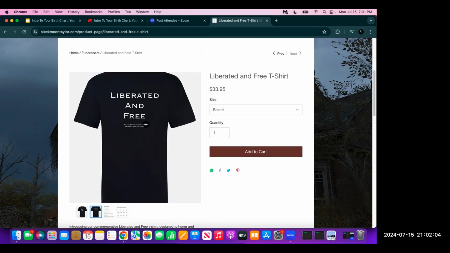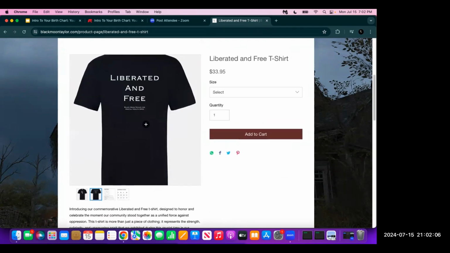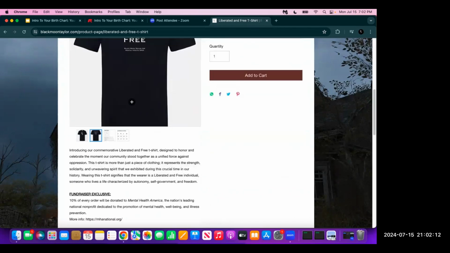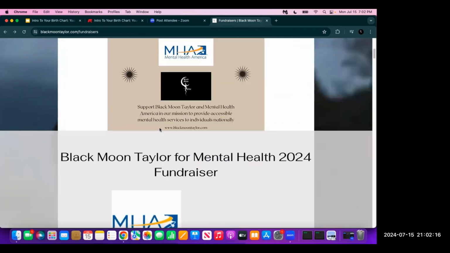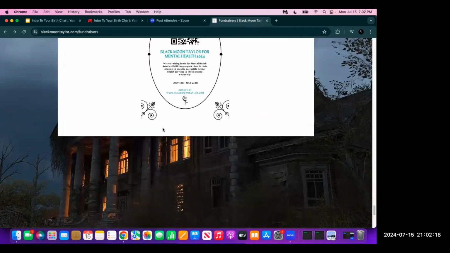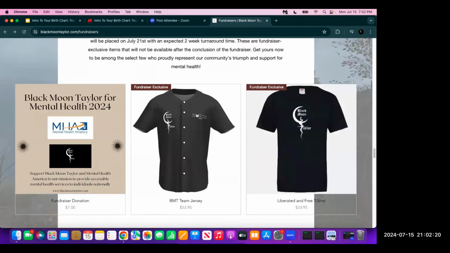So these are fundraiser exclusive. No other shirt is going to say that, because it signifies us coming together, donating, and being a part of it. The team jersey also says BlackMoonTaylor for Mental Health 2024, and has a little emblem on it just to unify us.